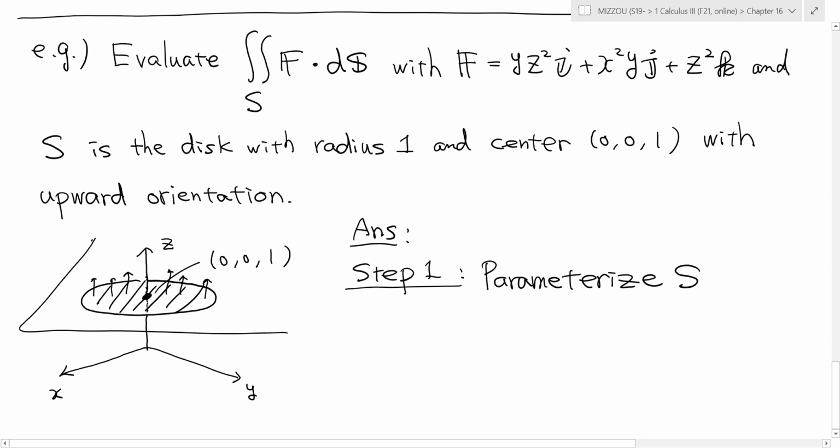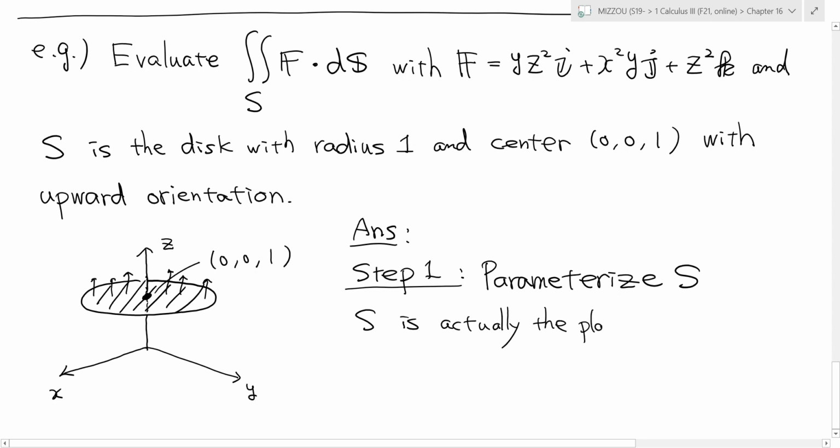This disk is actually on the plane z is equal to 1. So that means after all, our surface S is just the plane z is equal to 1.